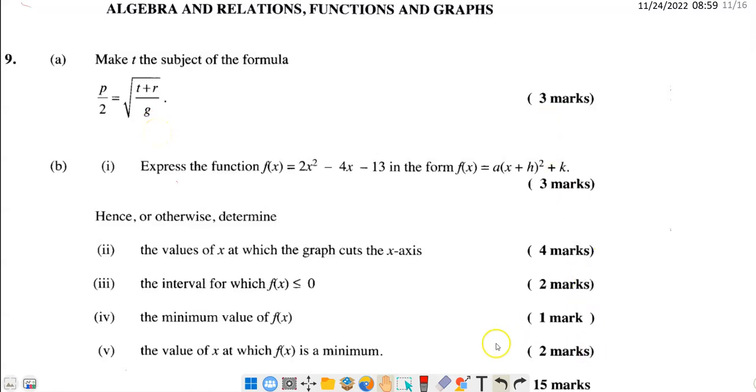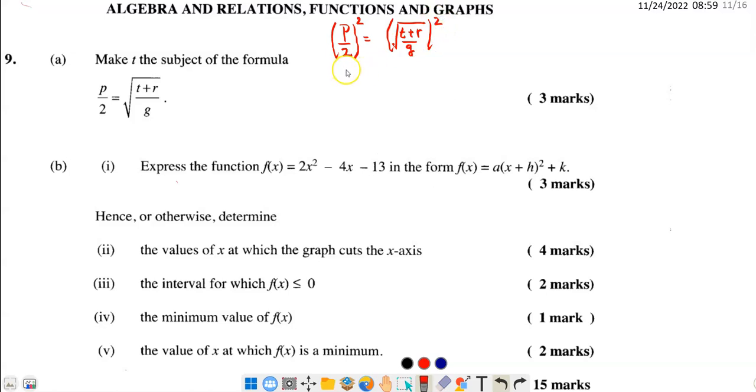So we have P over 2 equals the square root of T plus R over G. First thing is square both sides of the equation to get rid of the square root sign. So on the left hand side I need to square that side, and on the right hand side I need to square that as well.